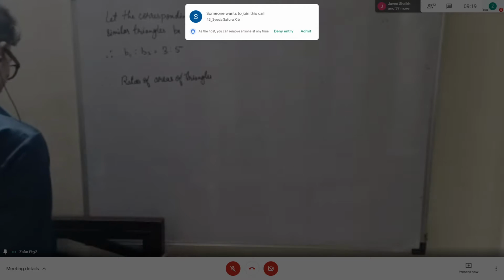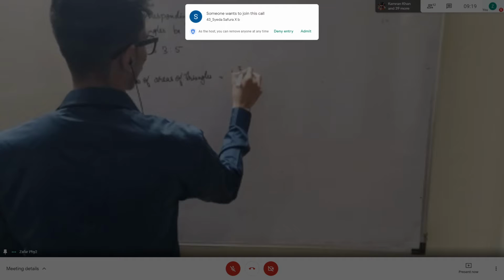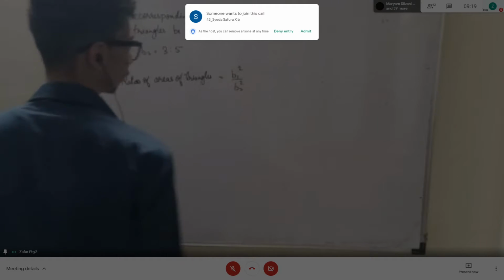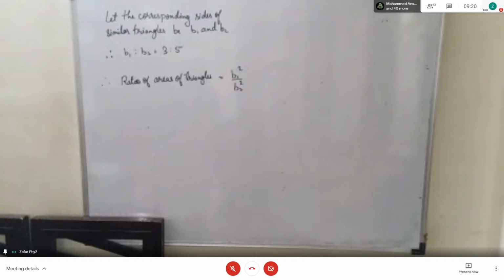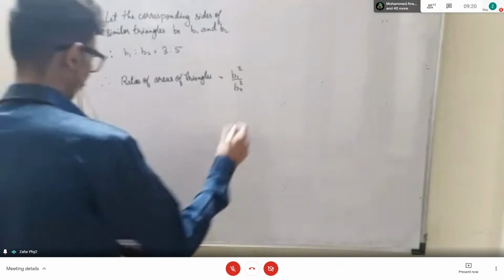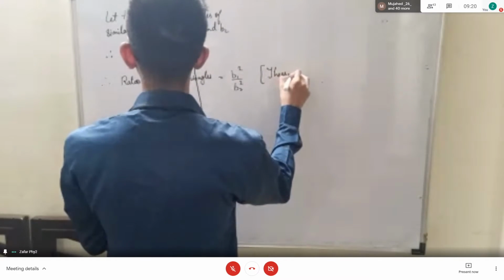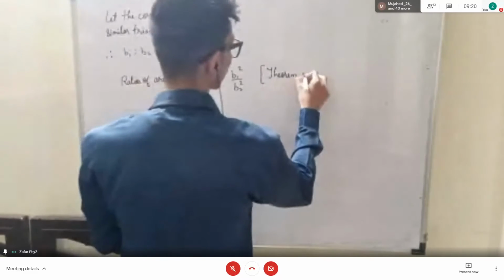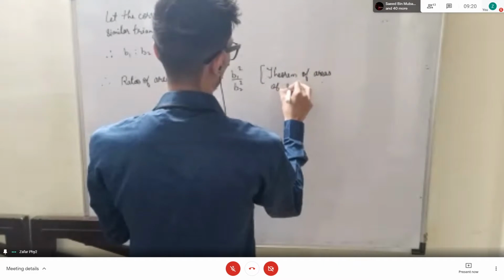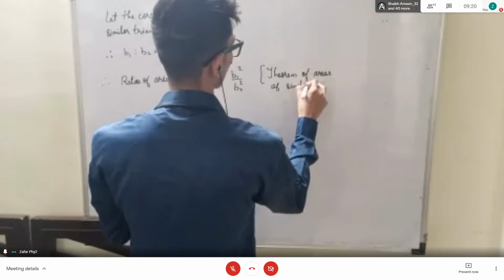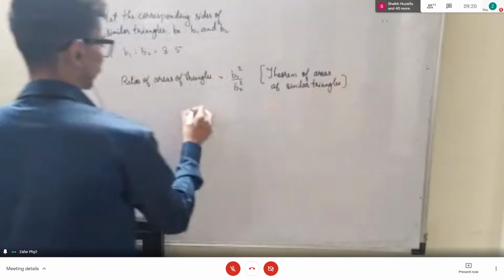What will it be? It will be B1 square by B2 square. So just put the value and the reason: theorem of areas of similar triangles. And we are done.